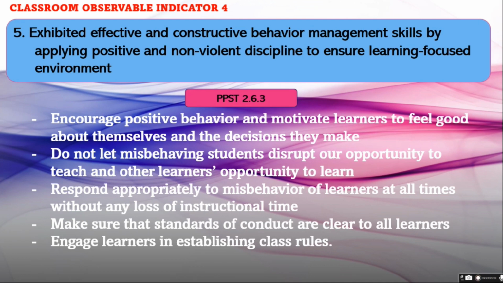In reality, pag nag-classroom observation tayo, hindi naman natin alam kung kailan merong mag-misbehave na students. So, paano tayo mararate dito sa classroom observable indicator na to? Paano kung wala namang nag-misbehave? Of course, pag during classroom observation, alam ng mga estudyante, may mga observers sa likod.